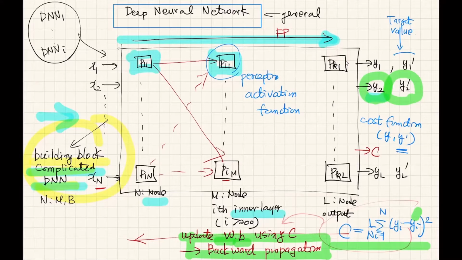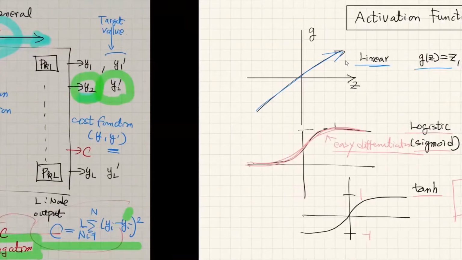So these DNNs could be connected in series and in parallel to complete a machine learning network. The data processing in the forward direction is called forward propagation. That is the calculation of output. By comparing your output and the real number, you can define a cost function, and then you can update weights and biases using this cost function. That is called backward propagation.